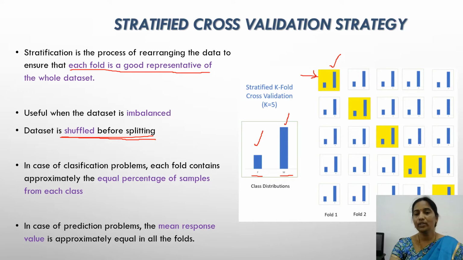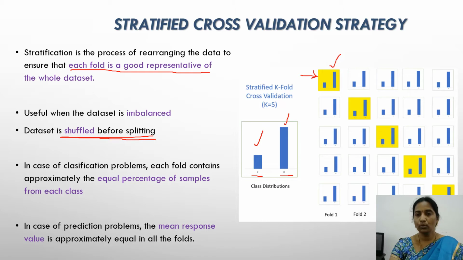The same will be ensured in each fold also. It will not be like one fold contains all the male samples and another fold contains only the female samples. That might happen in the case of K-fold cross-validation, but in stratified cross-validation, that will not happen.